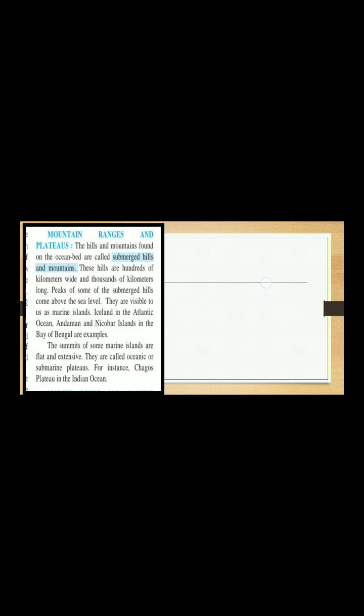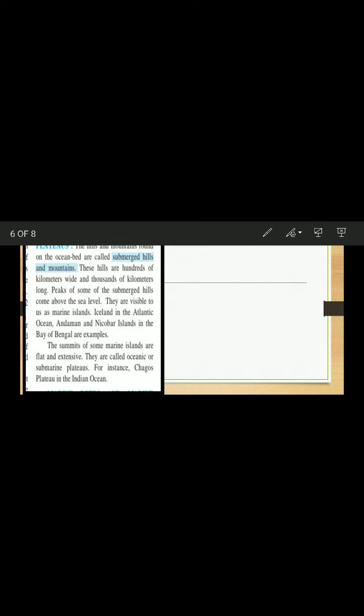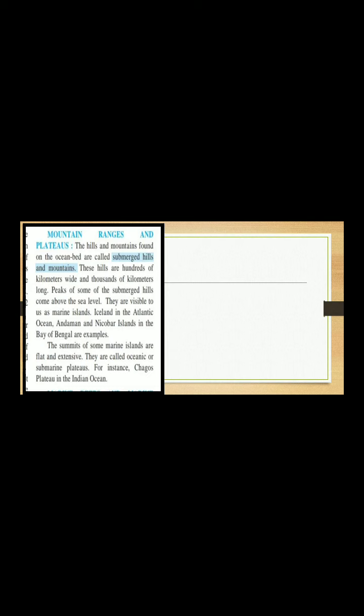Next slide: mountain ranges and plateaus. We already learned about mountains and plateaus. The hills and mountains found on the ocean bed are called submerged hills and mountains.